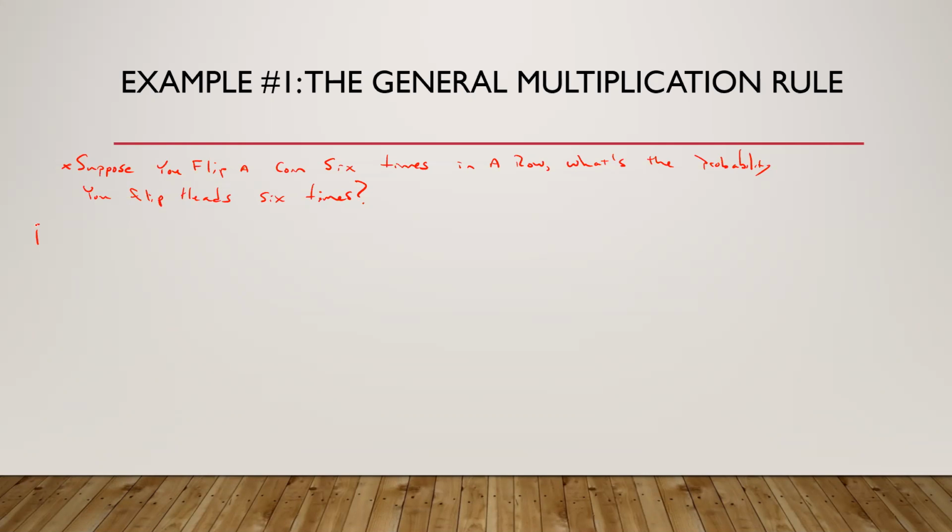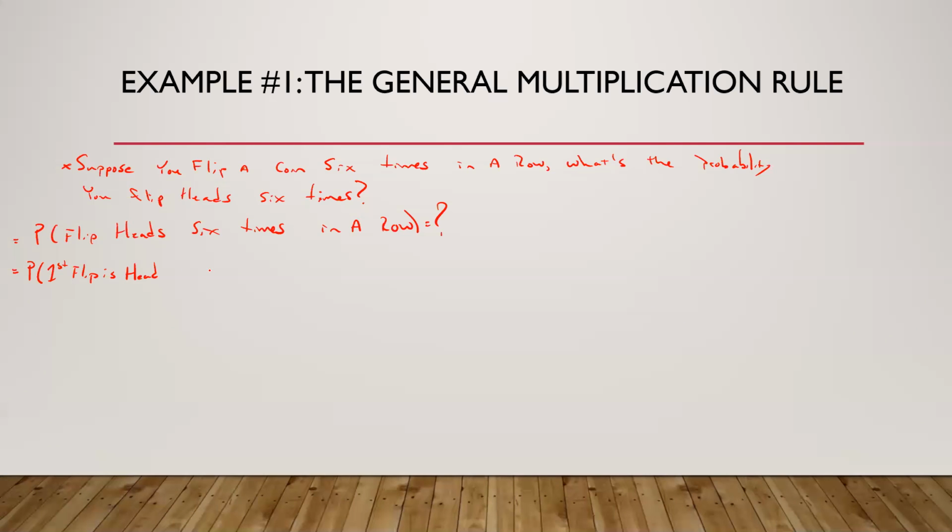So look, probability you flip heads 6 times. You're going to need to flip heads 6 times in a row. So if I'm going to flip heads 6 times in a row, the first flip I'm going to put is heads.